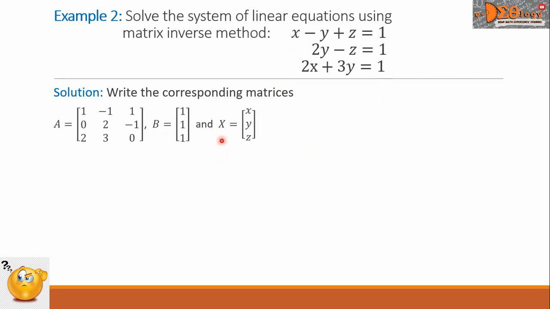And then the matrix X is a 3 by 1 matrix, and these are the unknowns, x, y, and z. We say that the solution of these linear equations is the matrix X equals the inverse of matrix A multiplied by matrix B.